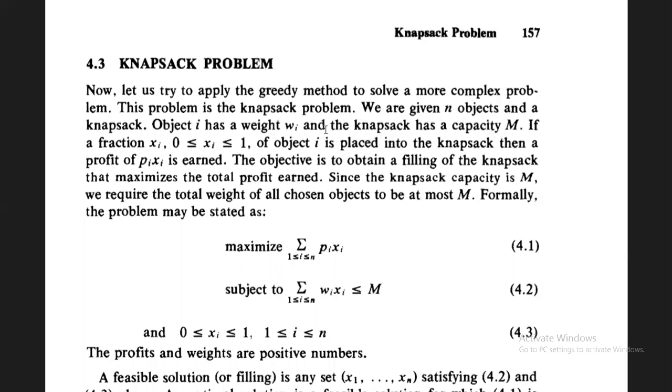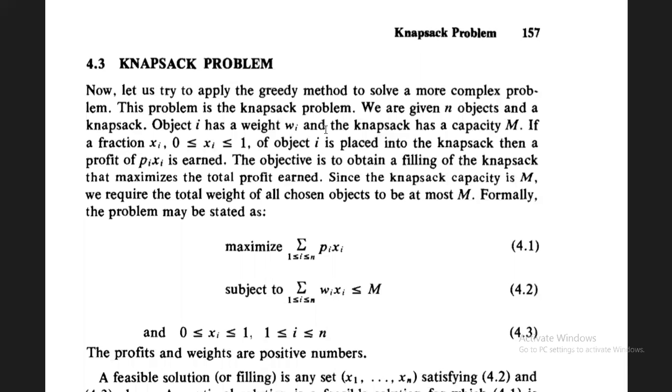If you are taking the item as a whole, then you will represent that by 0, 1 knapsack. 0, 1 means if you have taken the item completely, it is represented by 1. If you have not taken the item at all, it is represented by 0. That is 0, 1 knapsack.